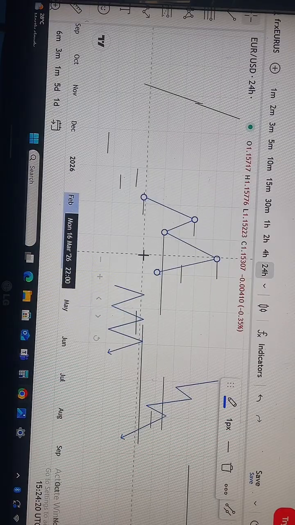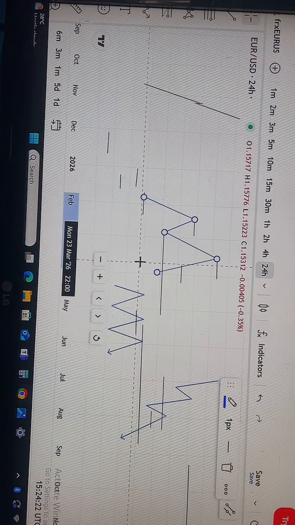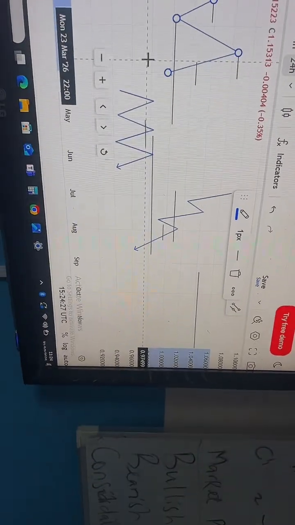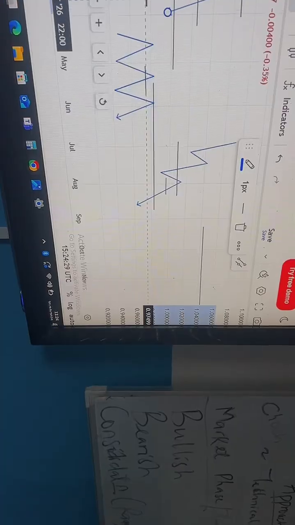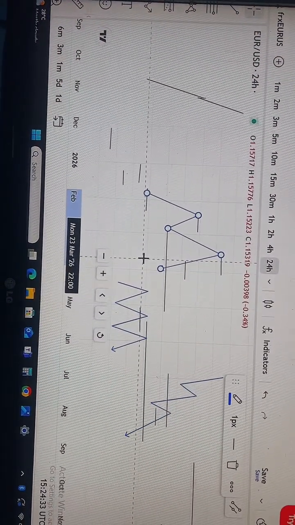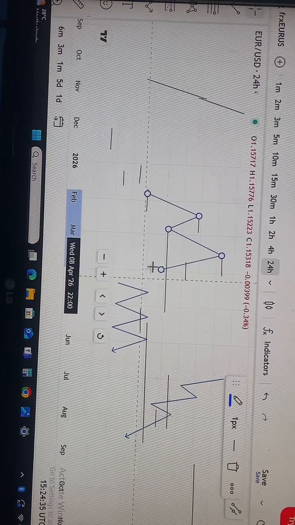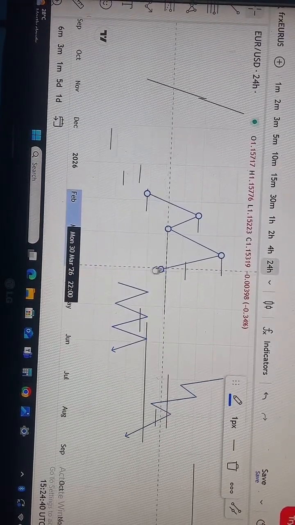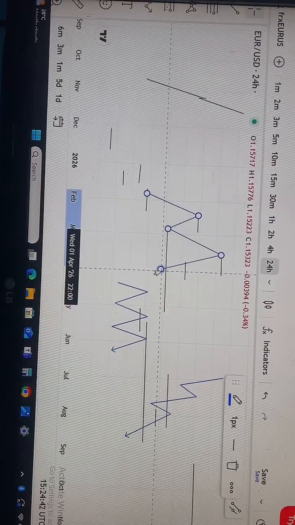That is when you hear a change of character. It will be either to the upside or to the downside, a bearish CHOCH or a bullish CHOCH. In this case, we are talking about a bearish CHOCH because the character is changing to the downside.